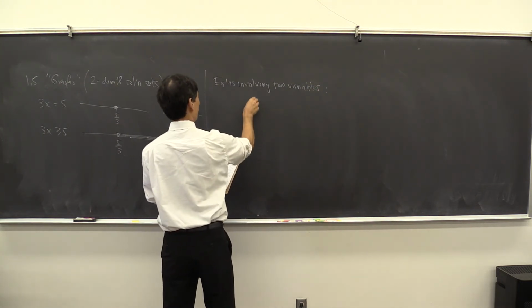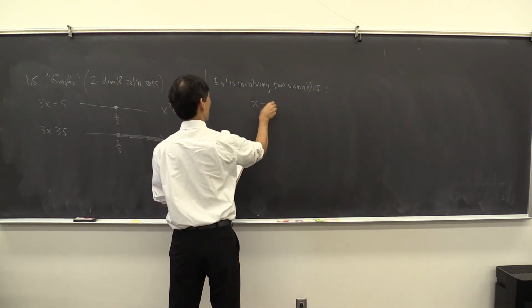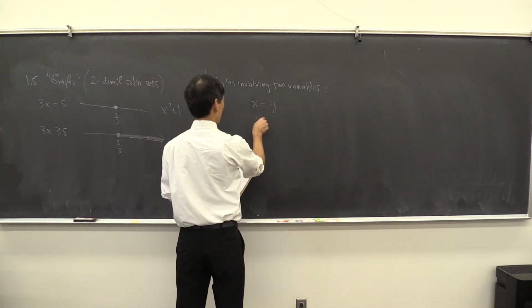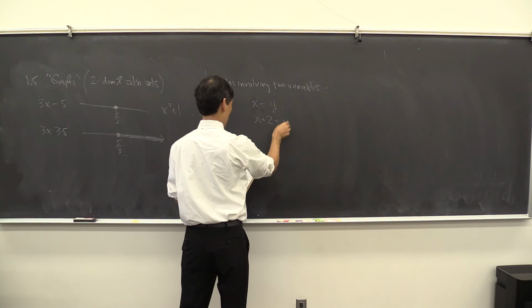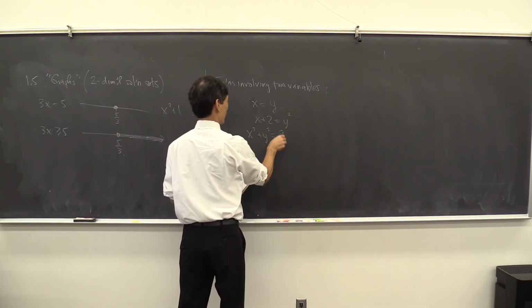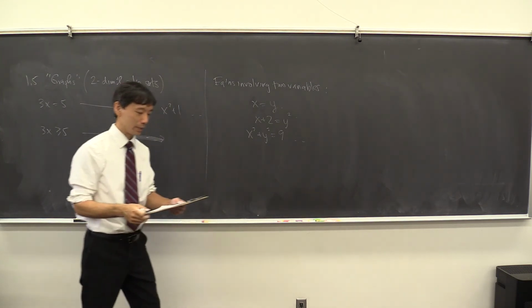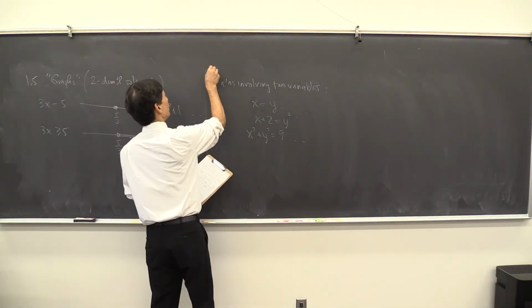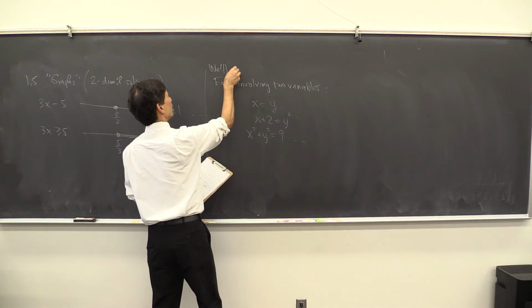Things like x equals y, or x plus 2 equals y squared, or x squared plus y squared equals 9, or more complicated things.